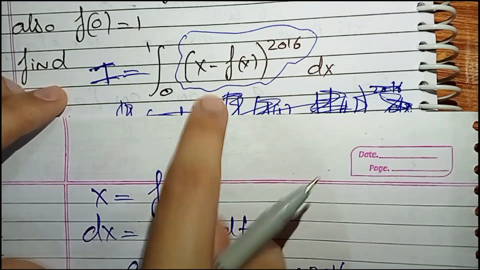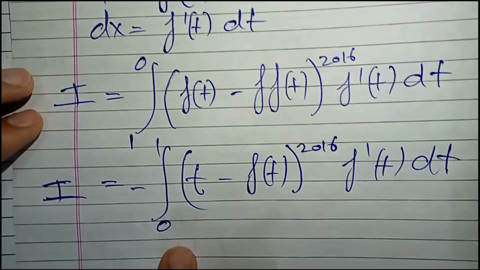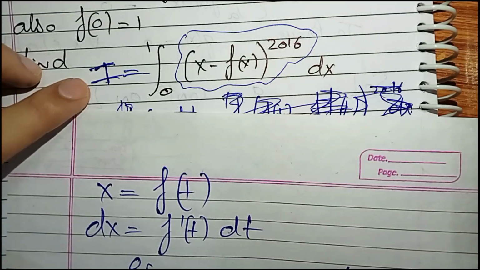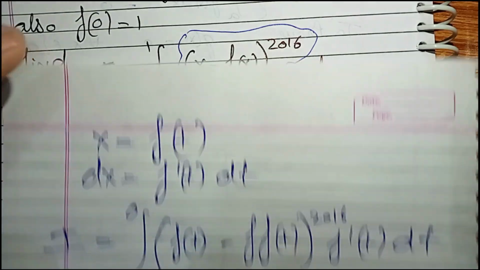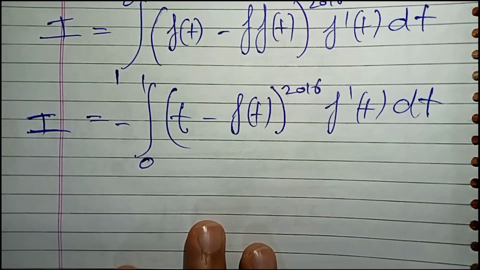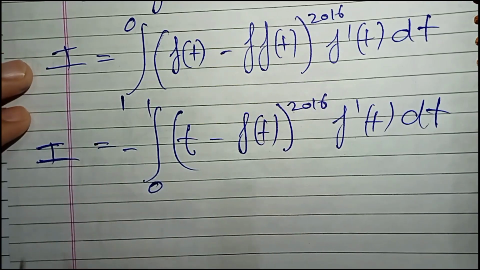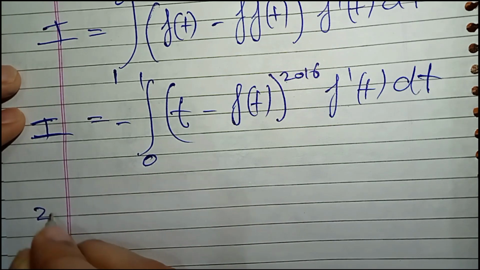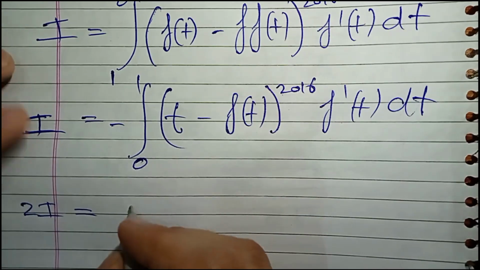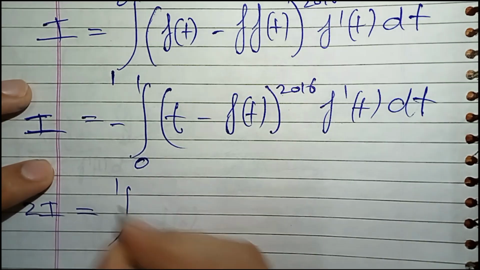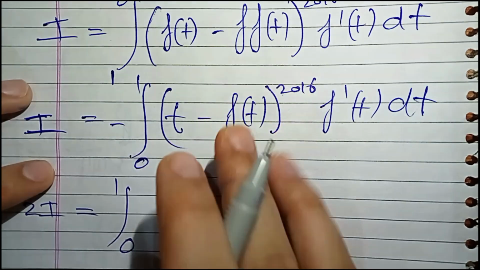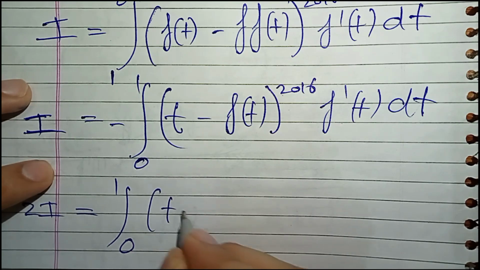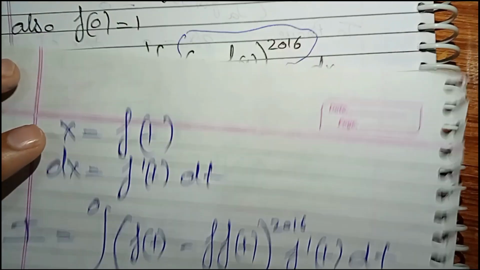In this I we just made a substitution and we got this. Now what I want to do is add both these I's. You will quickly see why I want to add. It was just a small observation that I was able to make, and I would have the integral 0 to 1 of t minus.